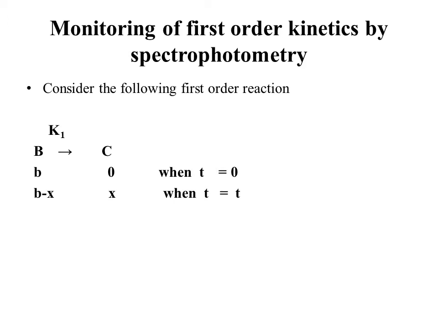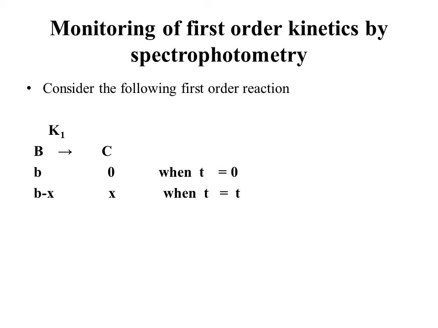The initial concentration when T is equal to 0, the concentration of B is small b and that of C is 0. Now, when T is equal to T, the remaining concentration of B is equal to B minus X and that of C is equal to X.